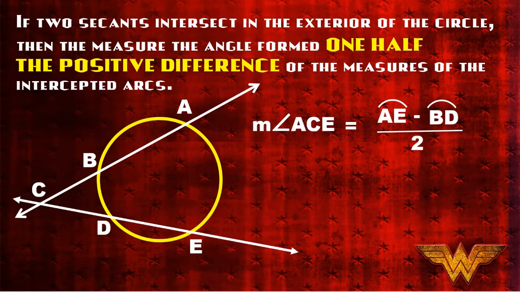Let's have an example for that. Given this figure, again, the measurement of angle ACE, this one, is equal to arc AE minus arc BD. These are the two intercepted arcs of this angle, divided by 2.